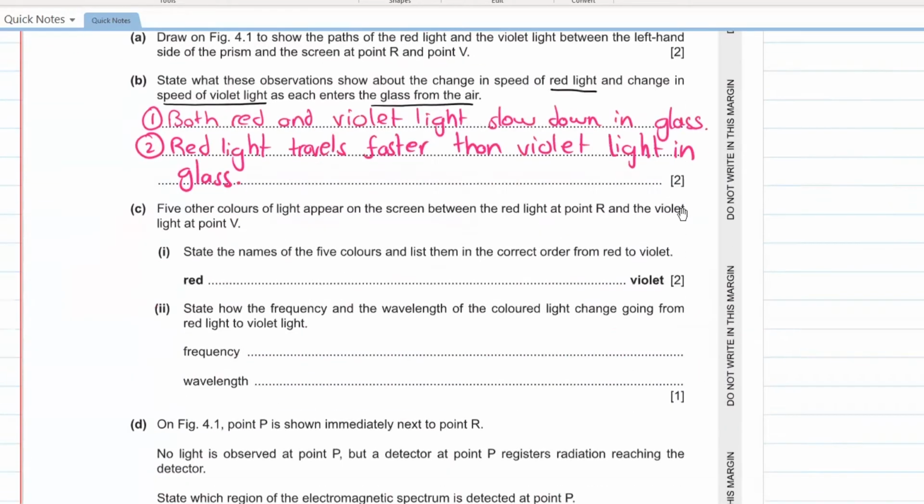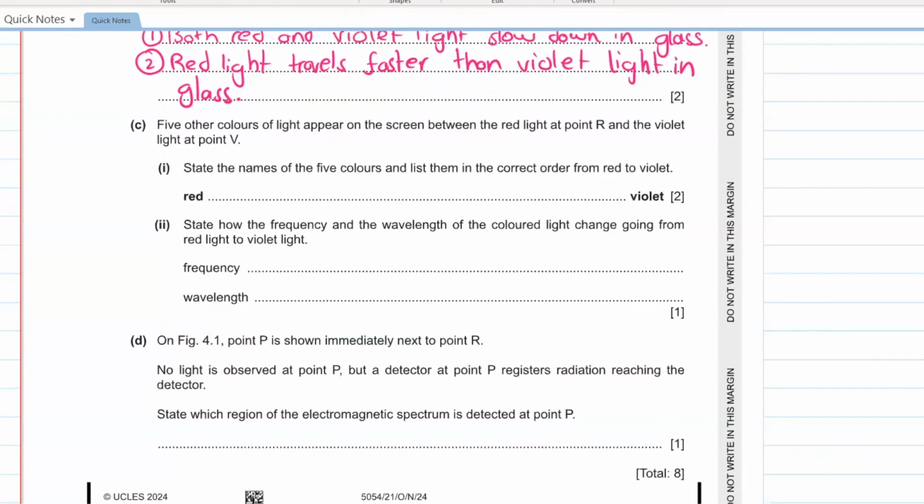Chalo, let's move ahead. Five other colors of light appear on the screen between red light at point R and the violet light at point V. State the names of the five colors and list them in the order from red to violet. What was the acronym that we need to remember?